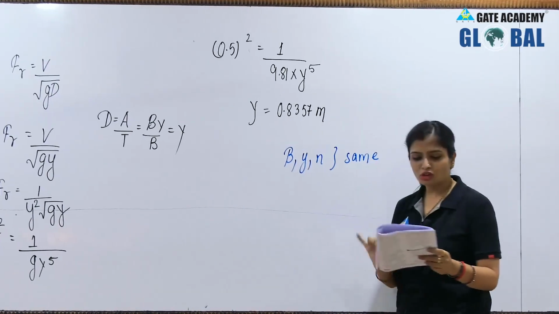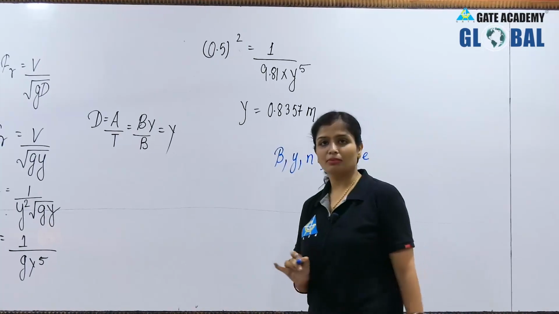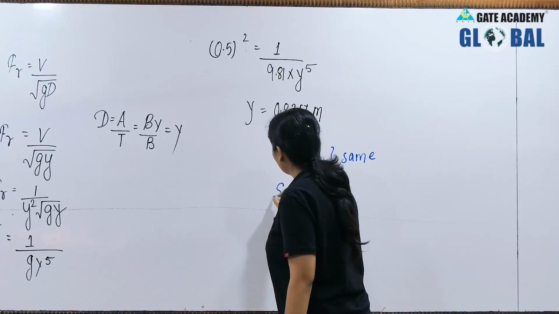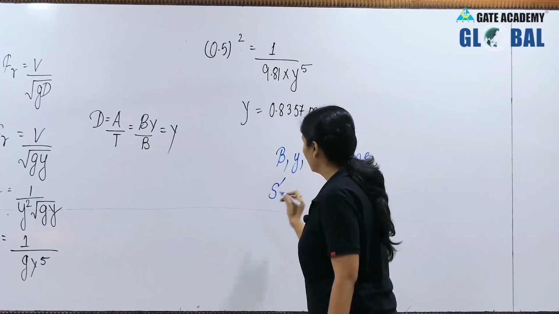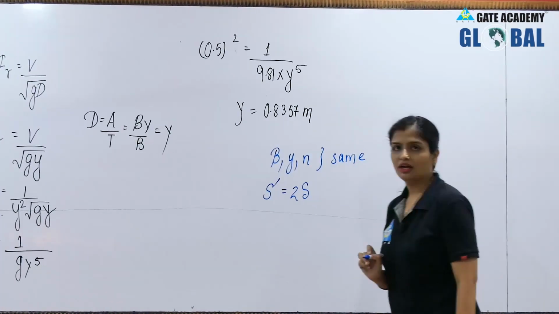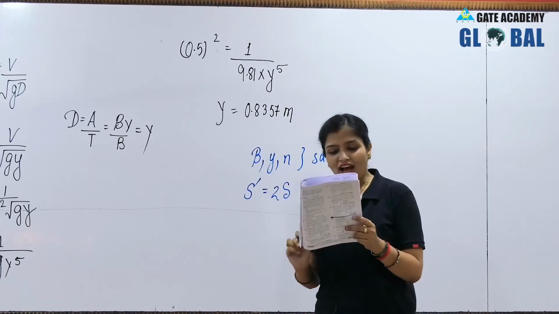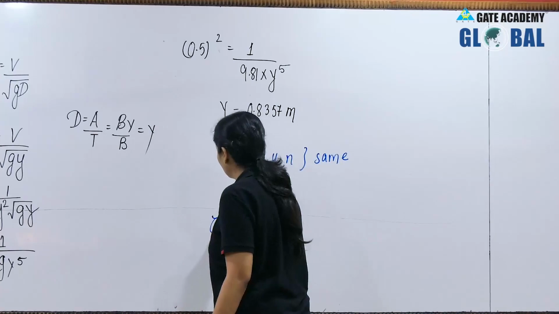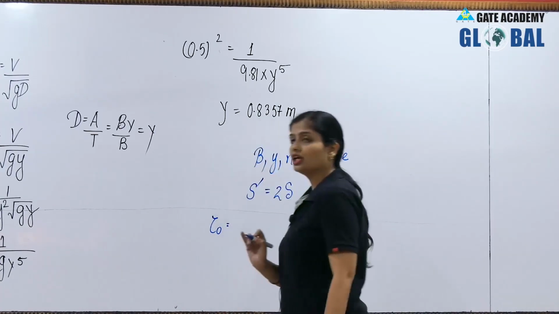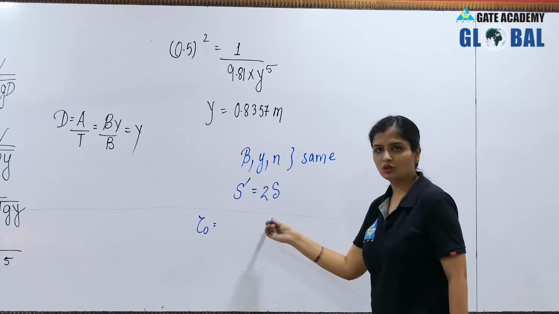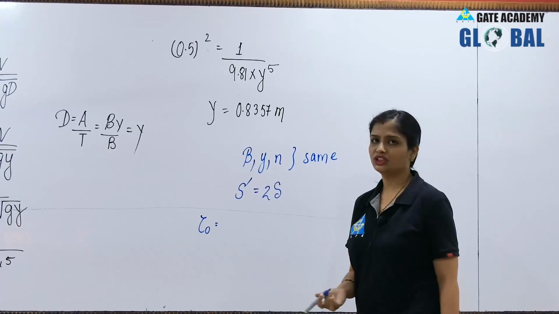If the bed slope of the above channel is doubled, means initially the bed slope was S. So now the bed slope is S dash, it will be 2 times the bed slope. Fine. The average boundary shear stress under uniform flow conditions. So what you have to do is double the initial slope and calculate the boundary shear stress.